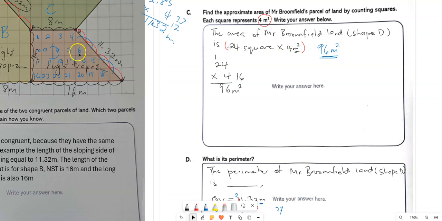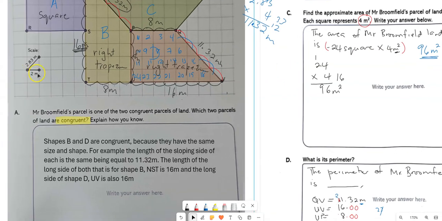So this would be 5, then 6, 7, 8, 9, 10, 11, 12, 13, 14, 15, 16, 16 and 2, 17, 18, 19, 20, 21, 22, 23, 24. So that's how we got 24 squares, and 24 squares times 4. Remember, we have to go back to our key, and this is one side, and to find the area, it would be side by side. So that's how they got the 4 there.